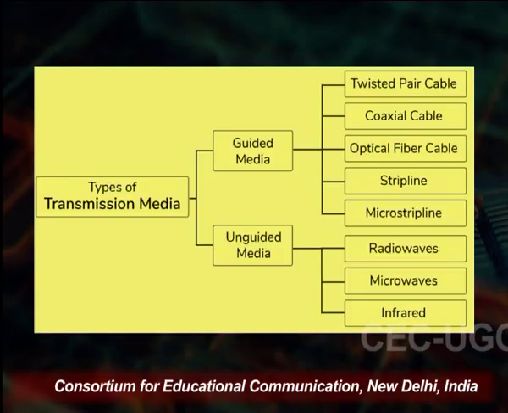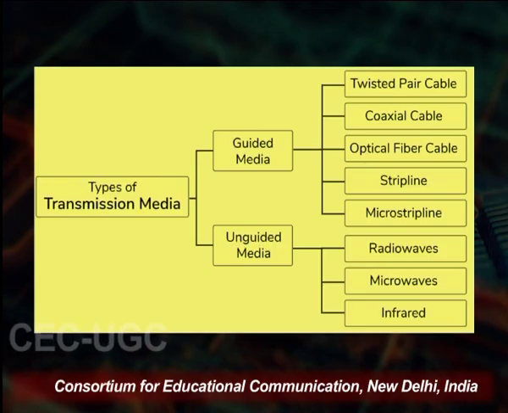Apart from magnetic media, if we look into the types of transmission media, as I have told you, there are two: guided media and unguided media. What falls under guided media and what falls under unguided media is shown with the help of a figure on the screen.